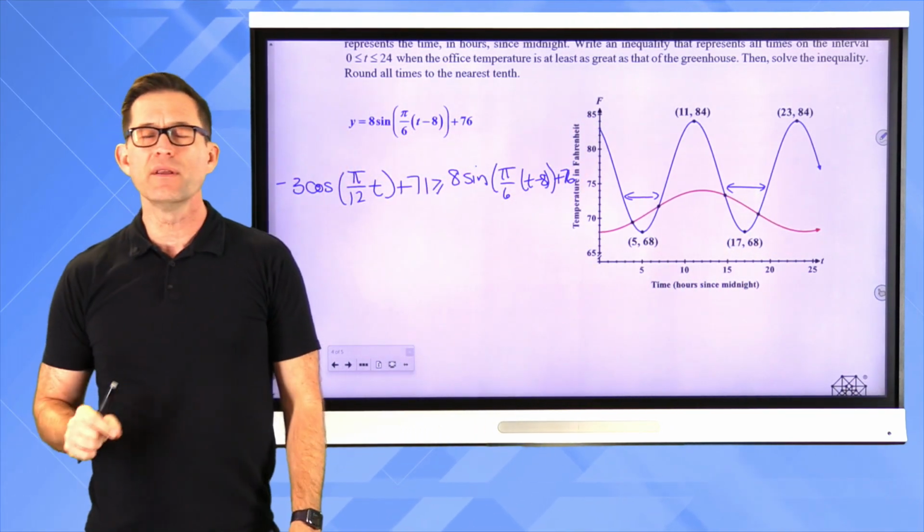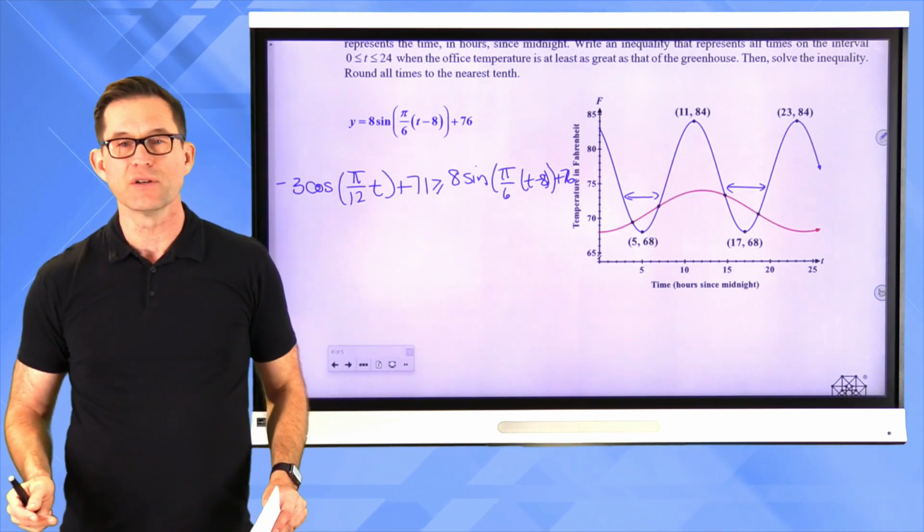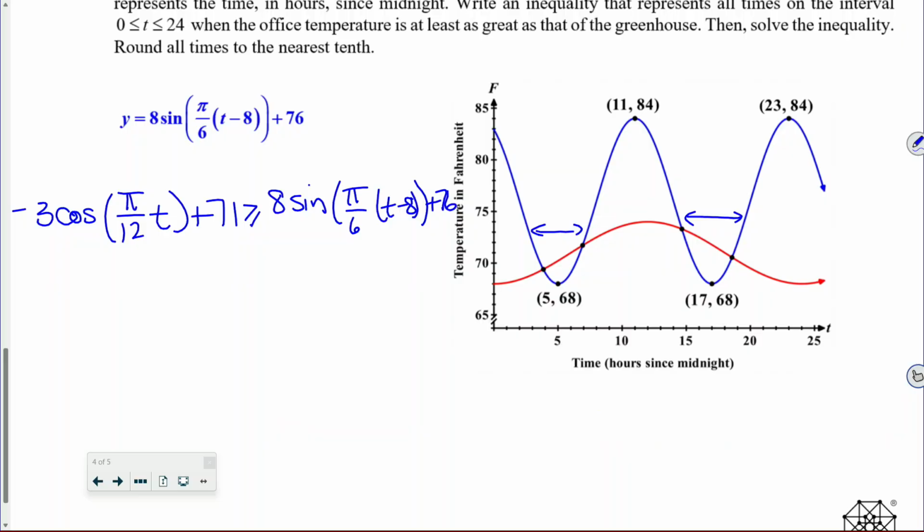So just like we did with the tidal depths, what you're going to do in this situation is find those intersection points, and those happen to be, well, I don't have the y-coordinates, but I do know that the x-coordinates are at 3.6 and at 8.9. This one intersects at 14.7.